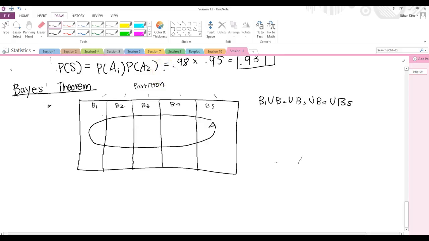Bayes' theorem states the rule of probability as follows.